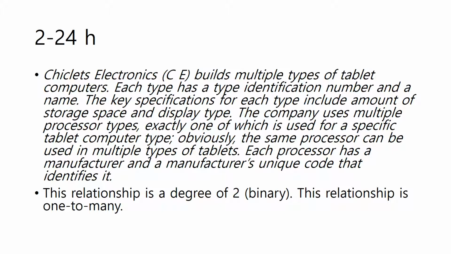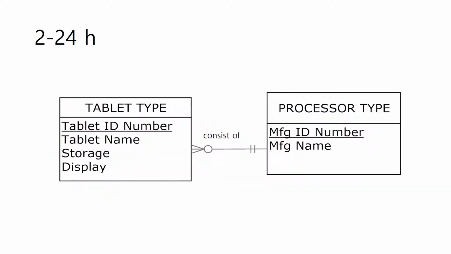This relationship is a degree of binary. This relationship is a one-to-many relationship. And processor type. So tablet type consists of processor type. You can see there are manufacturer ID number and manufacturer name, and then tablet ID number, and then tablet name and display.